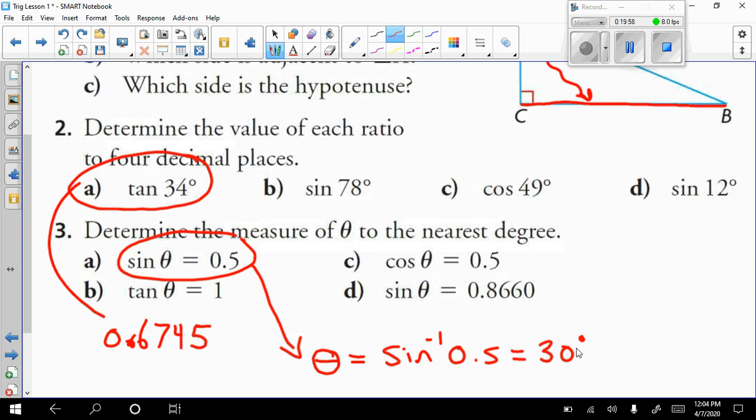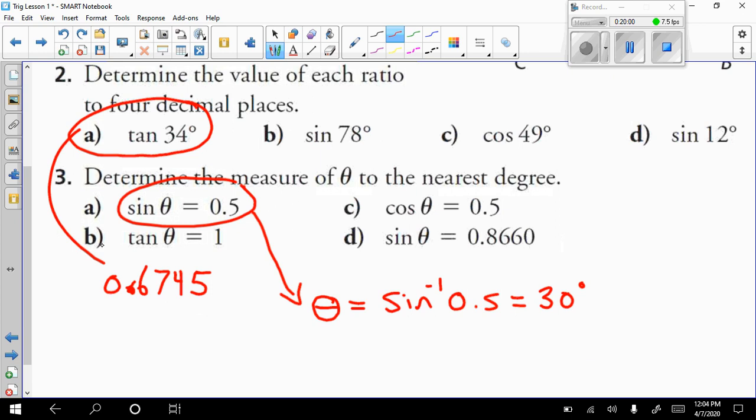Here, I'll just show you for B. For B, you're going to have to go to your calculator, and theta is going to be equal to the inverse tan of 1. So let's finish this one, and I can let you do C and D on your own.